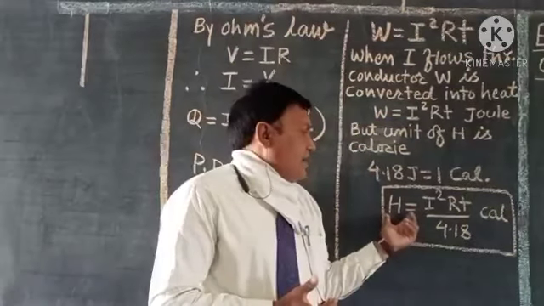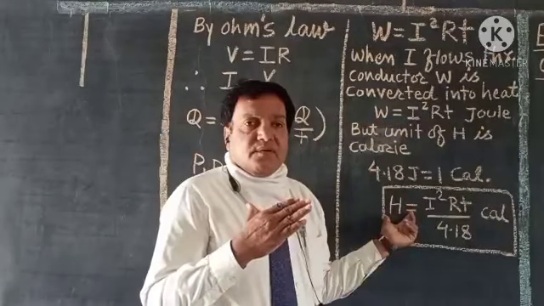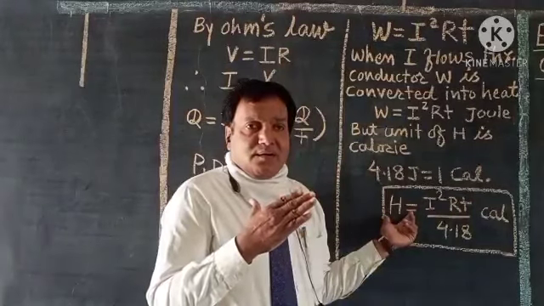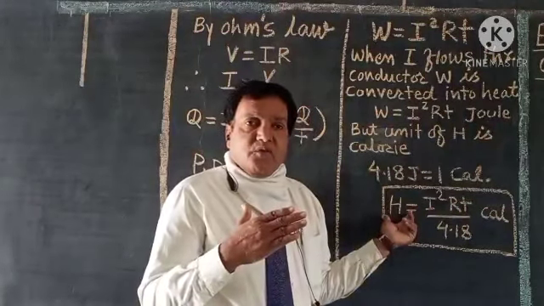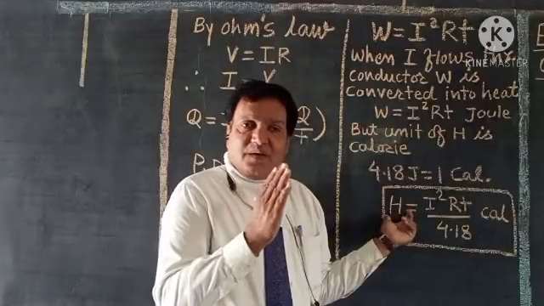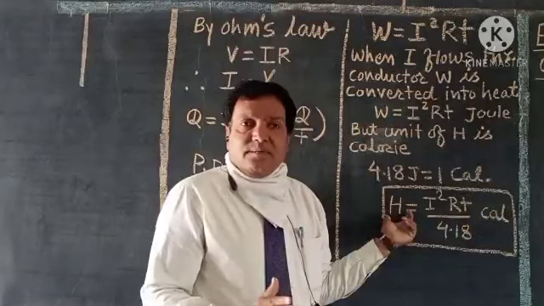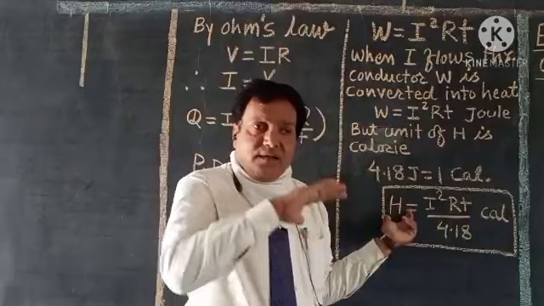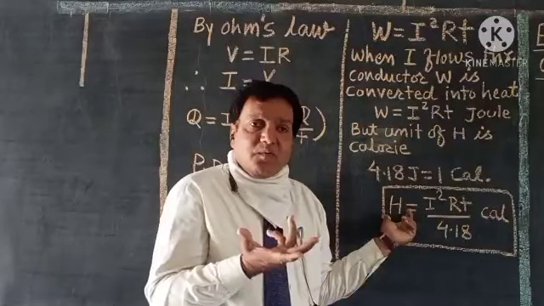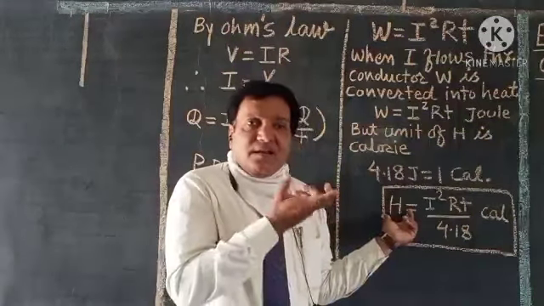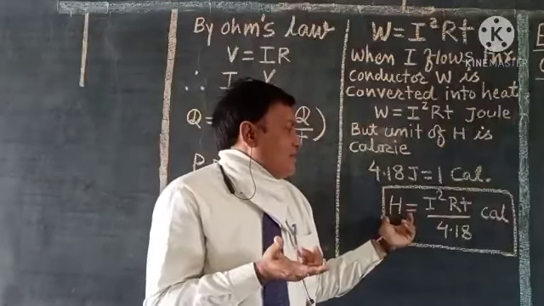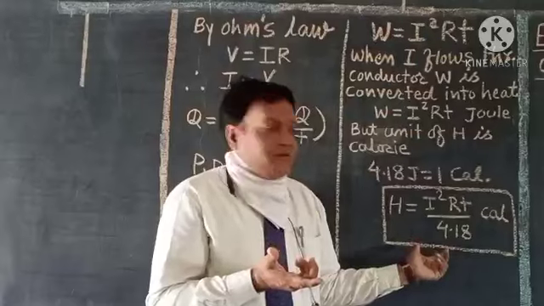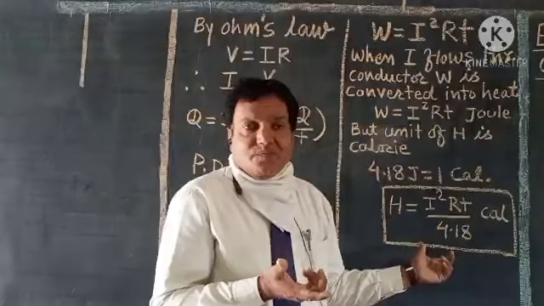When the current flows through the conductor, means charge is flowing through the conductor, some work is done to transfer a charge from one point to another point, and that work done is converted into the form of heat. Means heat is generated in a conductor. This is Joule's law of heating: H equal to I square RT upon 4.18 calories.